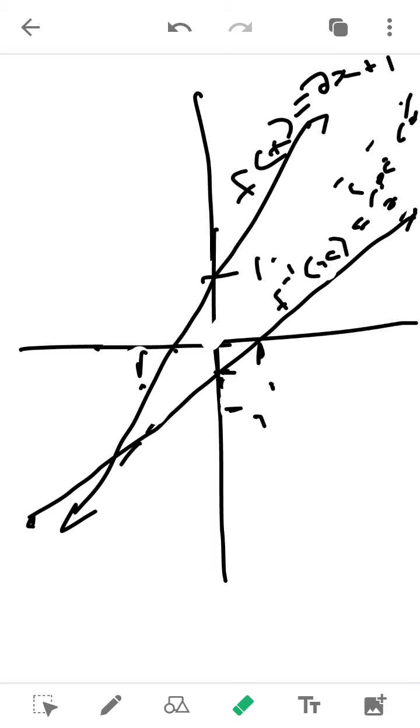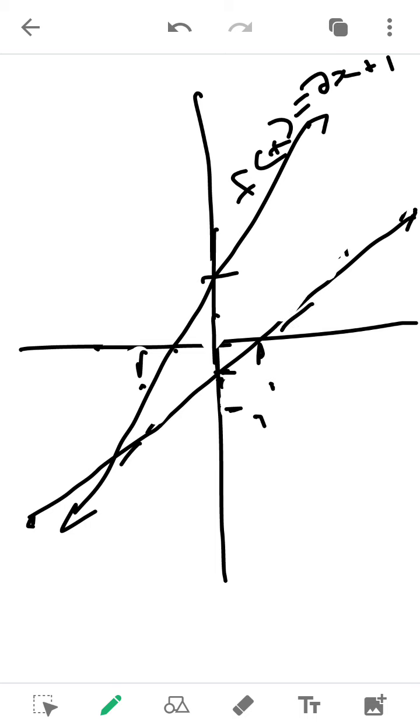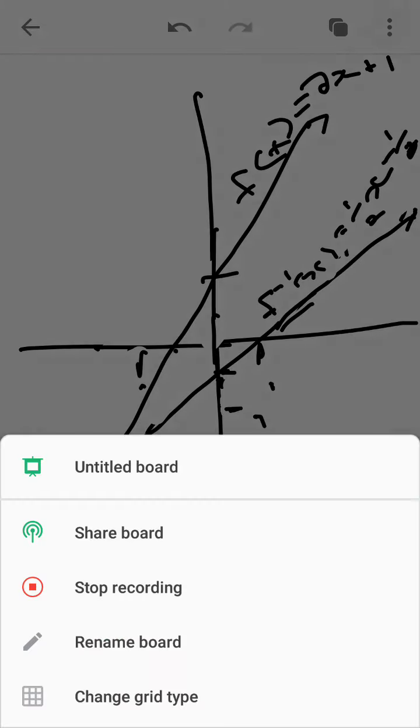Okay, that will be it. The inverse of f of x is 1 over 2x minus 1 over 2. Then that will be it for today.